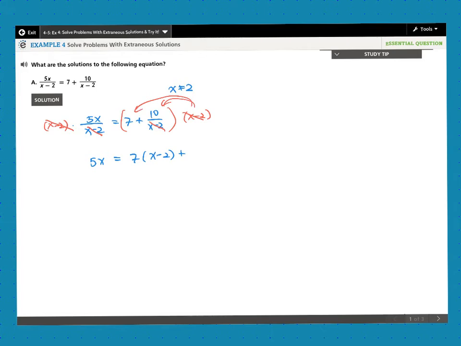So I would have plus 10. Okay, now, does not look like anything more than algebra 1, right? So now, guess what? I have negative 2 over negative 4 over negative 2, and my final answer is x equals 2.